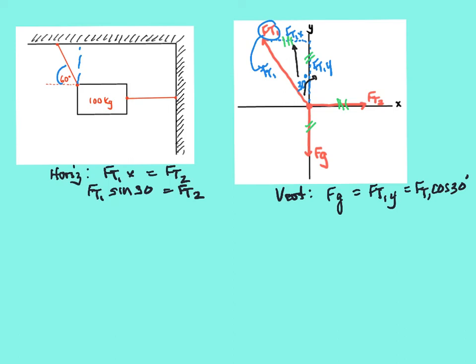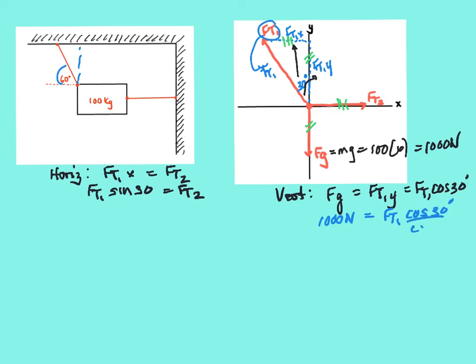We know the force of gravity: that's mg, so 100 times 10, or 1,000 newtons. I'm going to plug that in for the vertical, because that looks like I know the most here. So 1,000 newtons equals the force of tension 1 times the cosine of 30.